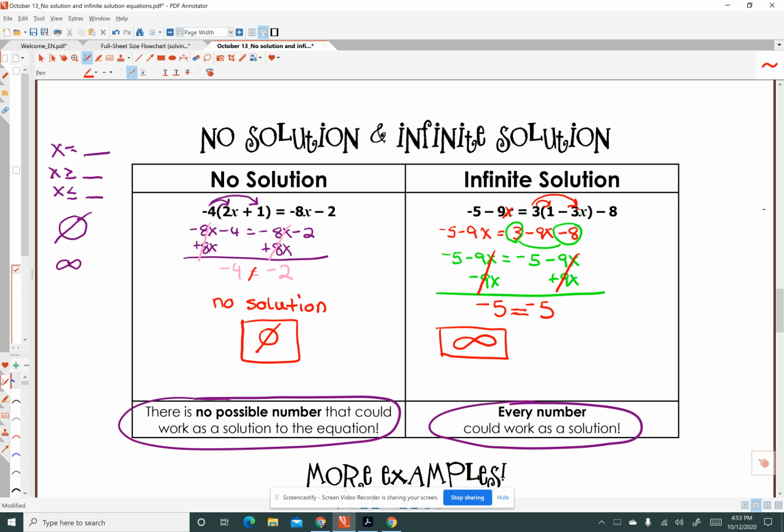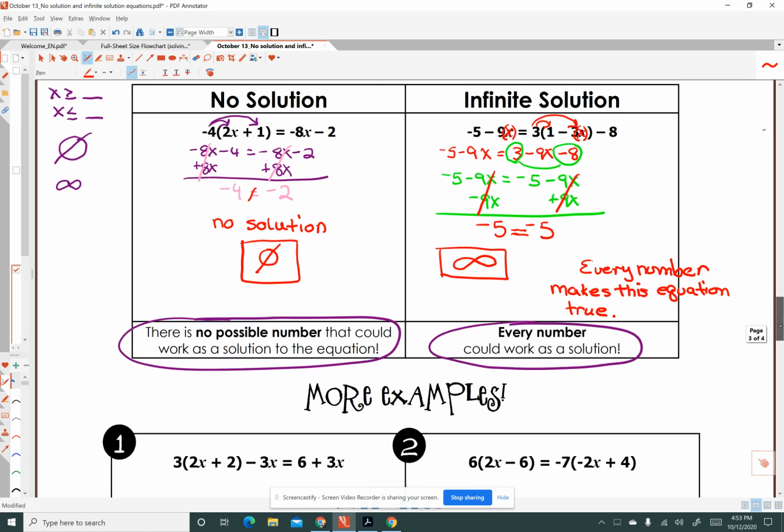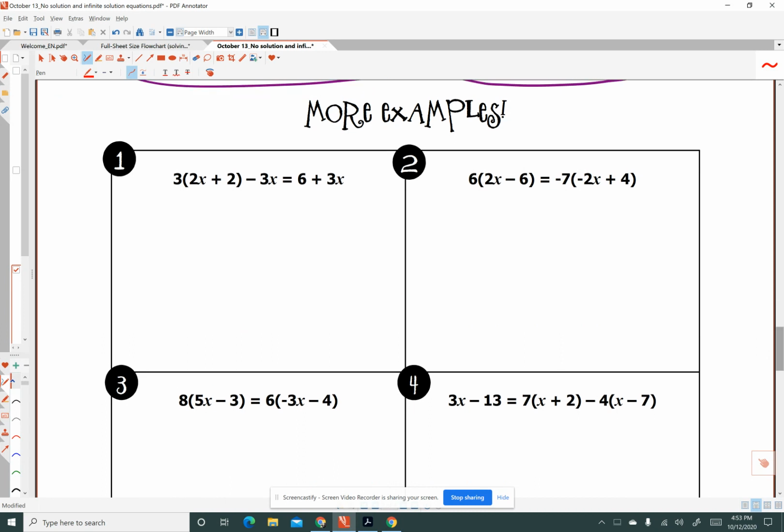I can substitute any positive or negative number or fraction or decimal into there, and this equation will be a true statement. So every number makes this equation true. So let's move on to some more examples.